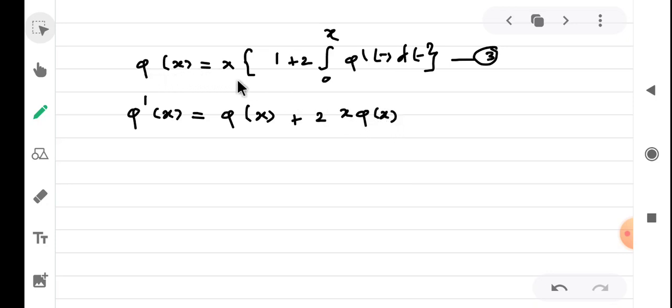Actually phi of x is equal to x times this one, so 1 plus 2 into integral 0 to x phi of t into dt is nothing but phi of x divided by x.